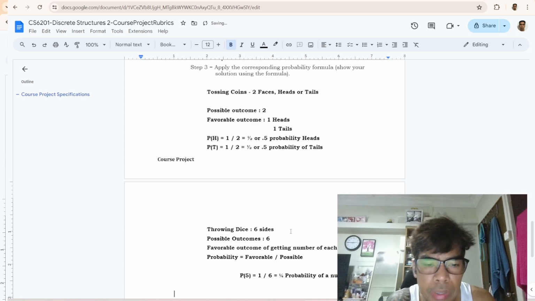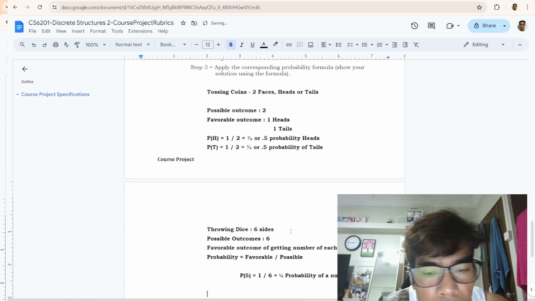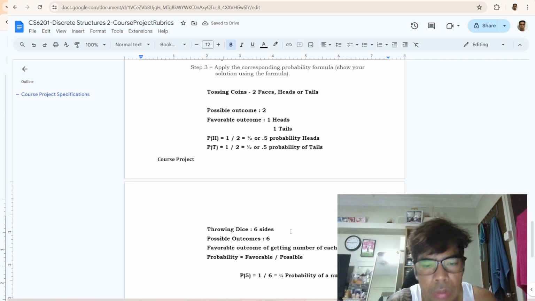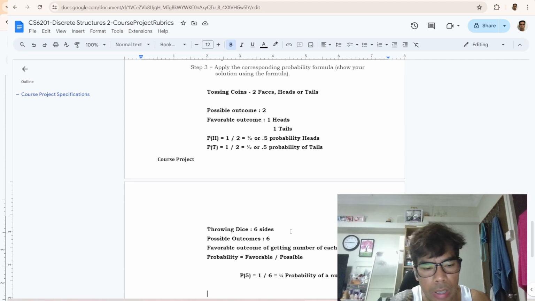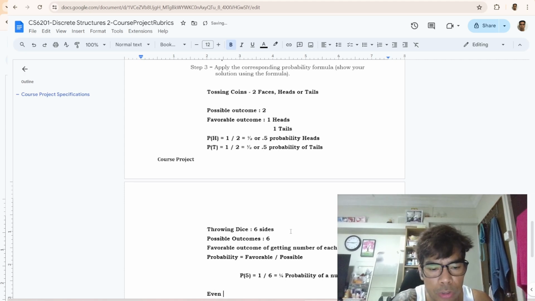What is another probability? Let's say an even number. How many even numbers are there on our dice? We have 3. So the favorable outcome is 3 over the possible outcome of 6, which is 0.5 probability of an even number.